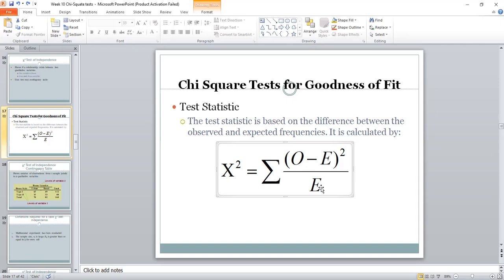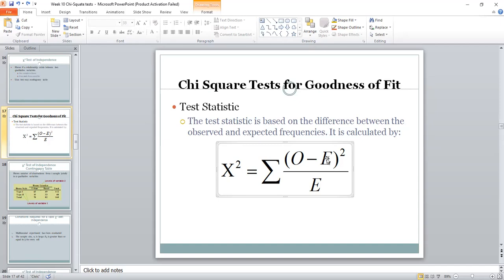Just note that the chi-square test statistic is driven by what are technically referred to as the expected and the observed frequency.